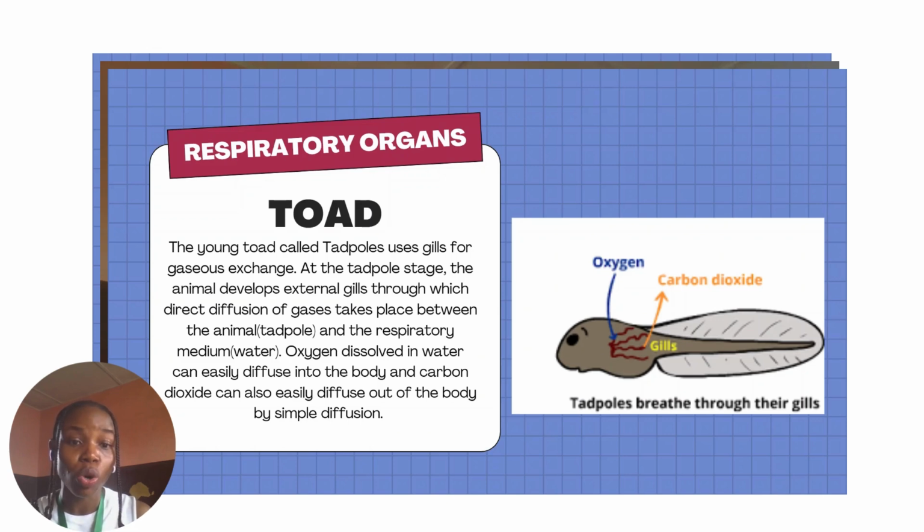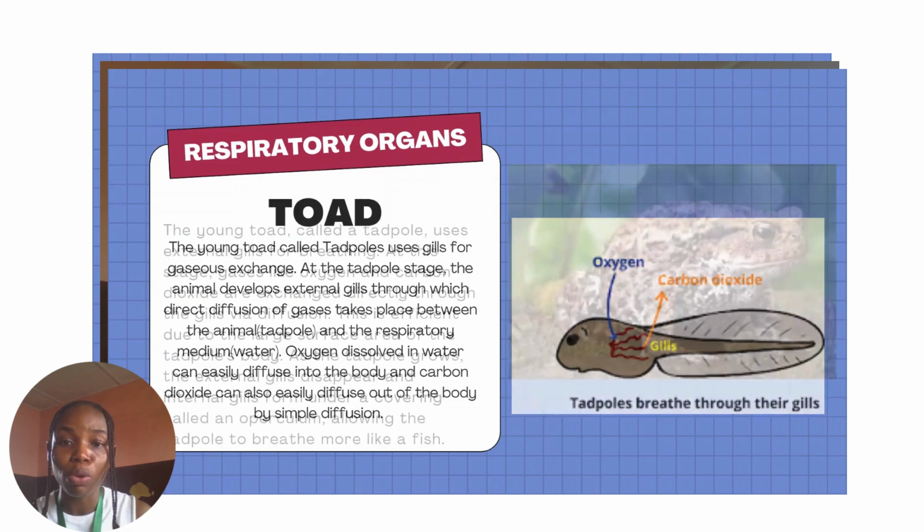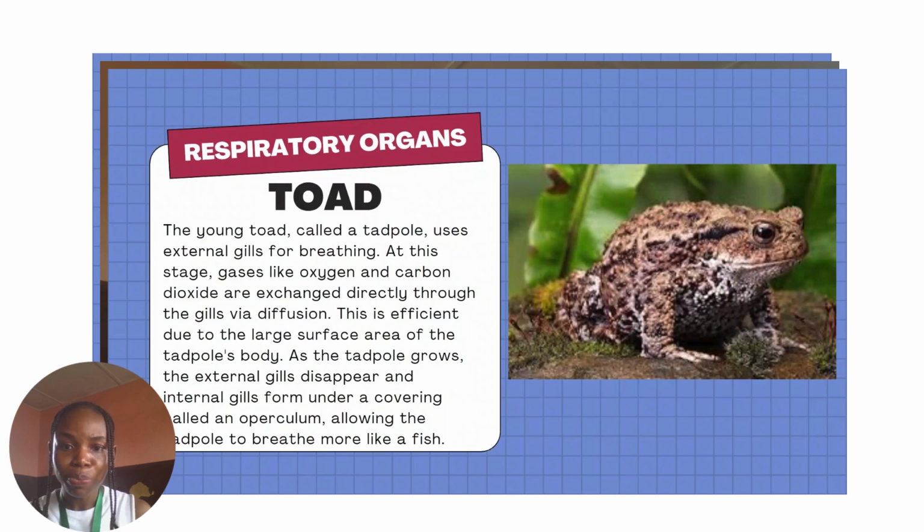Take a look at the picture on your screen. You can see their gills. So at the tadpole stage, the animal develops external gills through which direct diffusion of gases takes place between the animal and the respiratory medium, which is the water. Oxygen dissolved in water can easily diffuse into the body, and carbon dioxide can also easily diffuse out of the body by simple diffusion process.